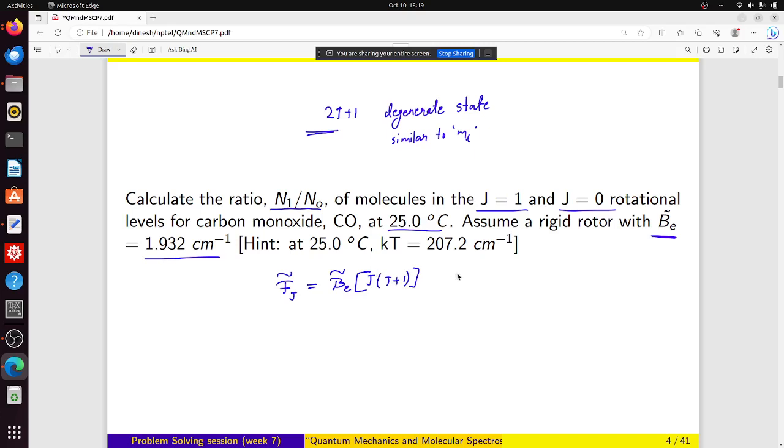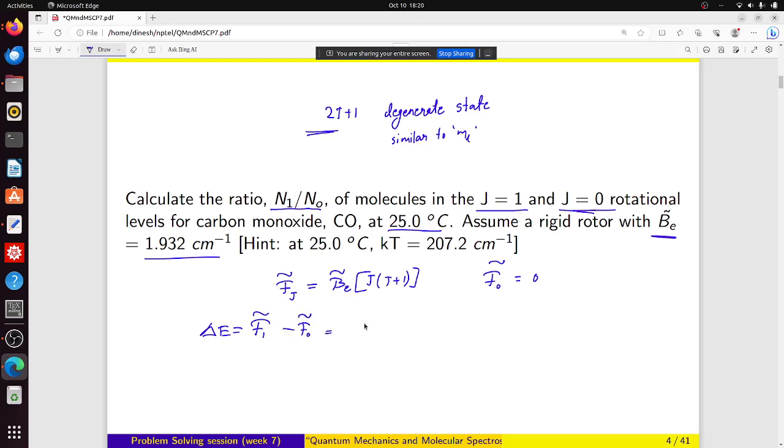so for J equal to 0, if you put J equal to 0, this F of 0 will give us 0, right? So the energy difference between J equal to 0 and J equal to 1, let's denote it to be delta E, is F1 tilde minus F0 tilde.